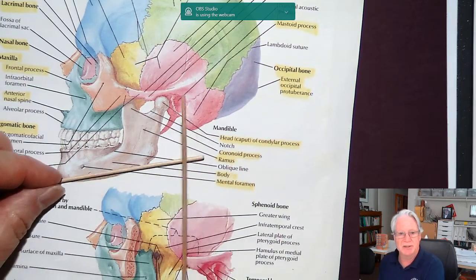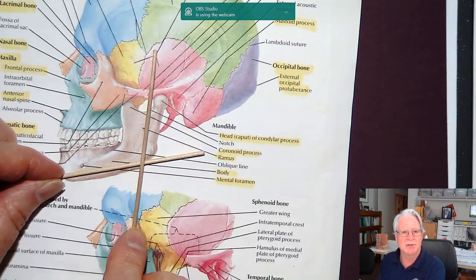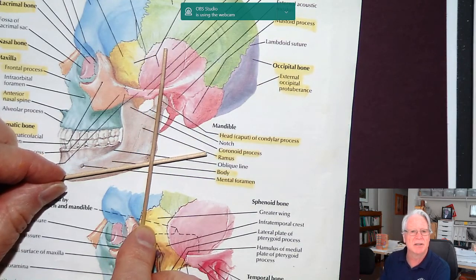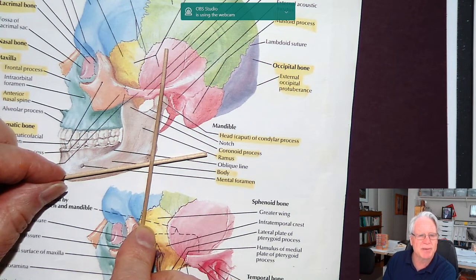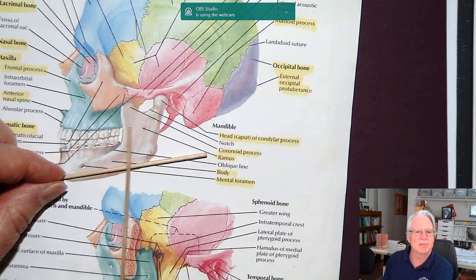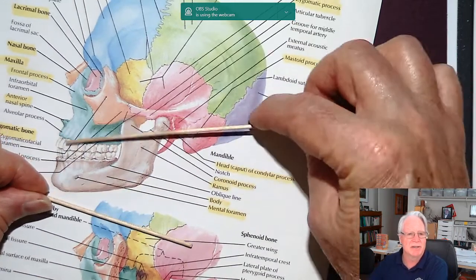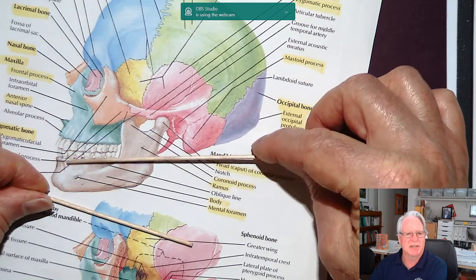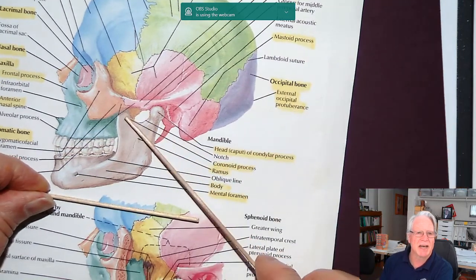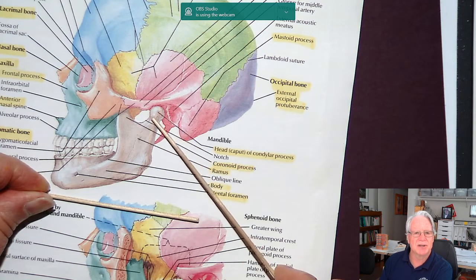You get this and that. And where those two things meet, there's an angle. And that is referred to as the angle of the mandible, where those two meet like that. The upper part, this part, is the ramus. This part is the body. And then that is the coronoid. And this is the condylar process.